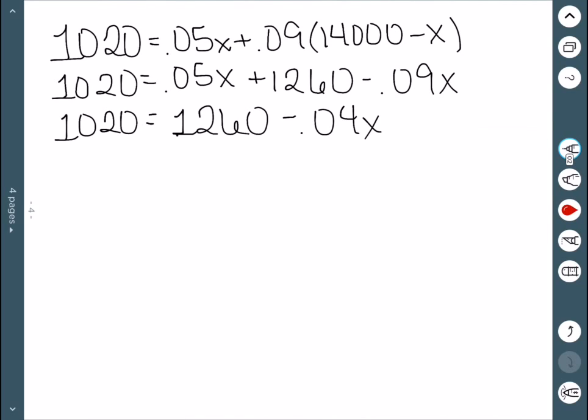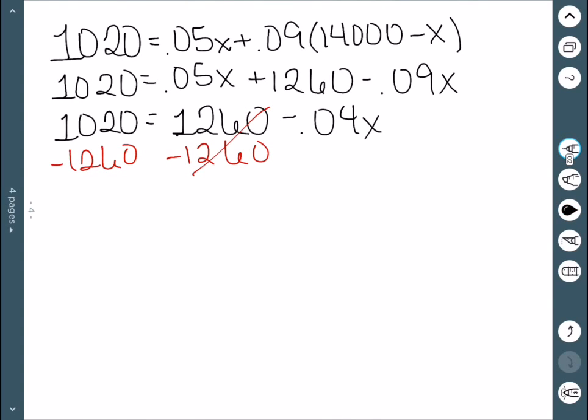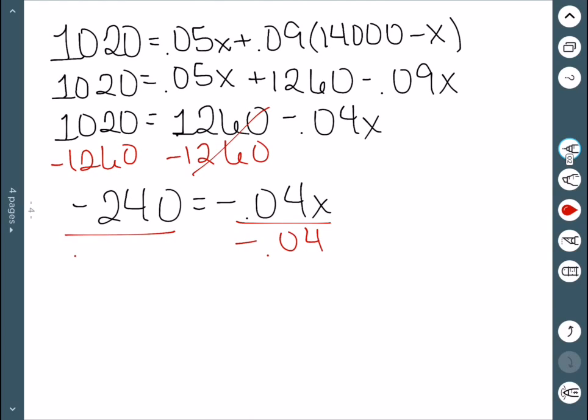From there, I can subtract 1260 from both sides. And that gives me a total of negative 240 equal to minus 0.04x. We can then divide both sides by negative 0.04.